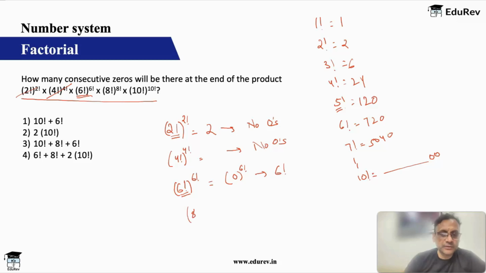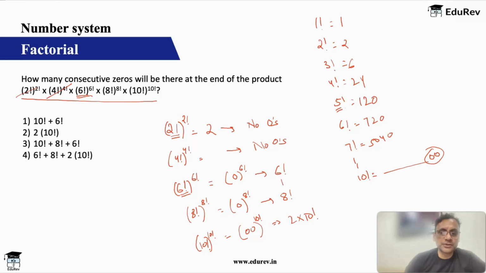Similarly, 8 factorial will also have 1 0, and raised to the power 8 factorial will give you 8 factorial zeros. And 10 factorial, we saw here just now, 10 factorial has 2 zeros. So 2 zeros raised to the power 10 factorial will give you 2 into 10 factorial zeros.